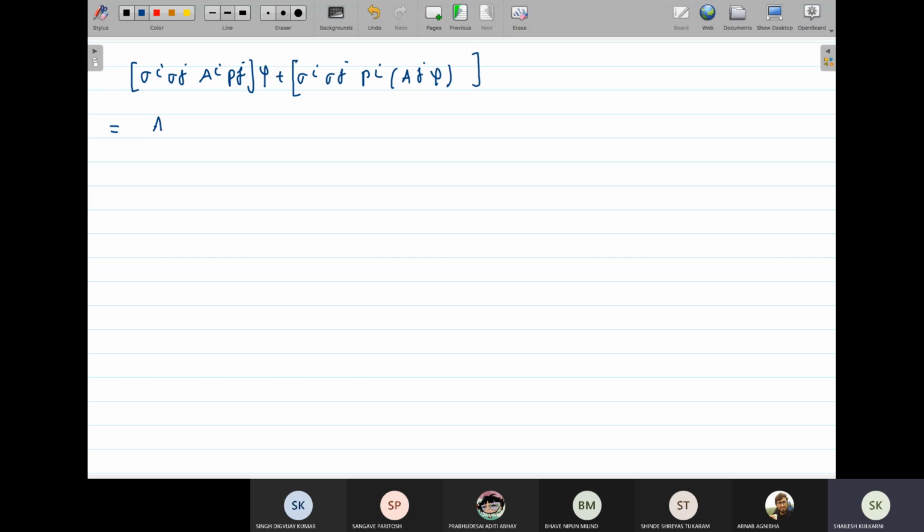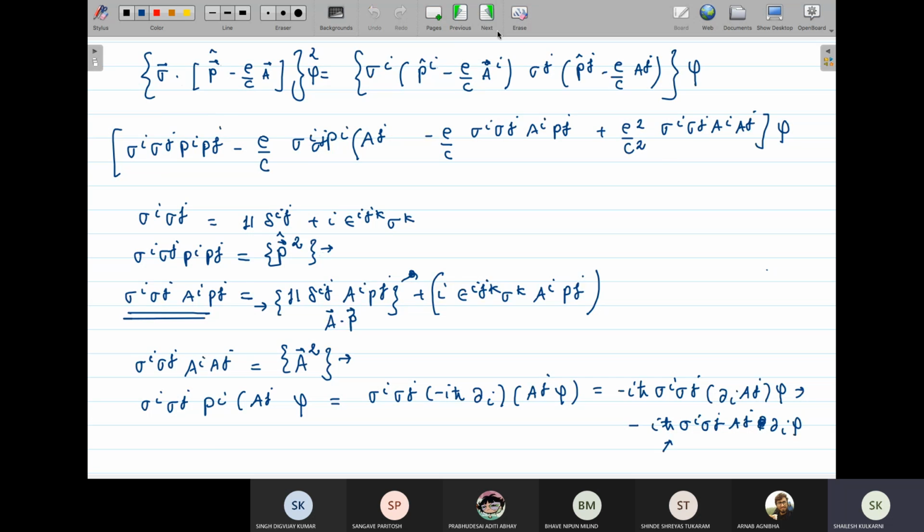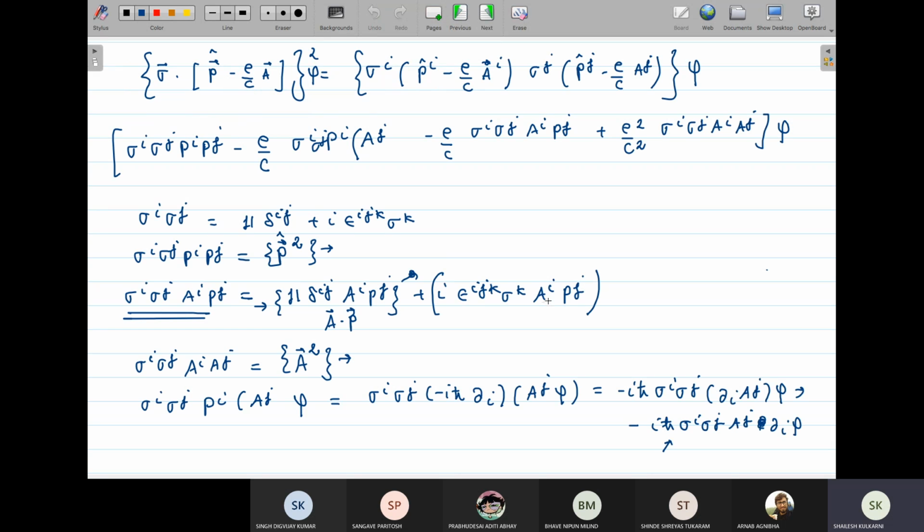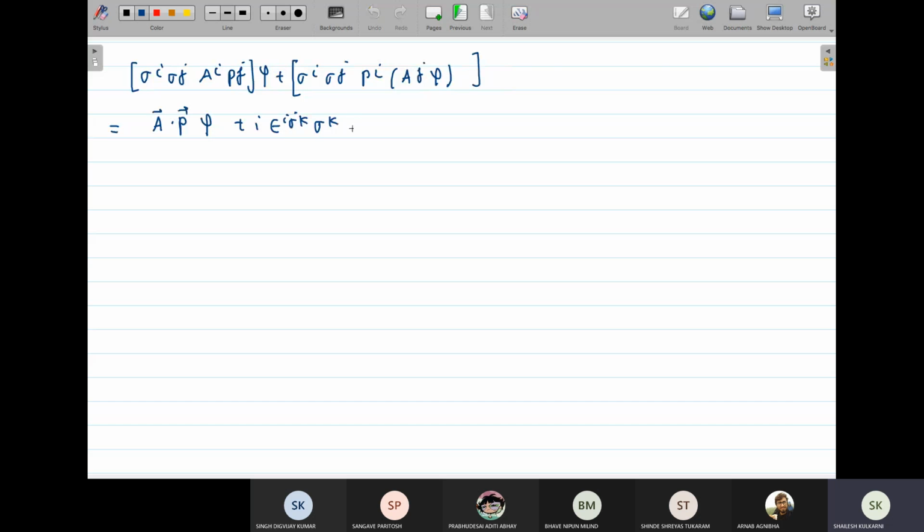So it will be a dot p acting on phi, that is this piece, plus i epsilon ijk sigma k, ai pj acting on phi, plus this term.